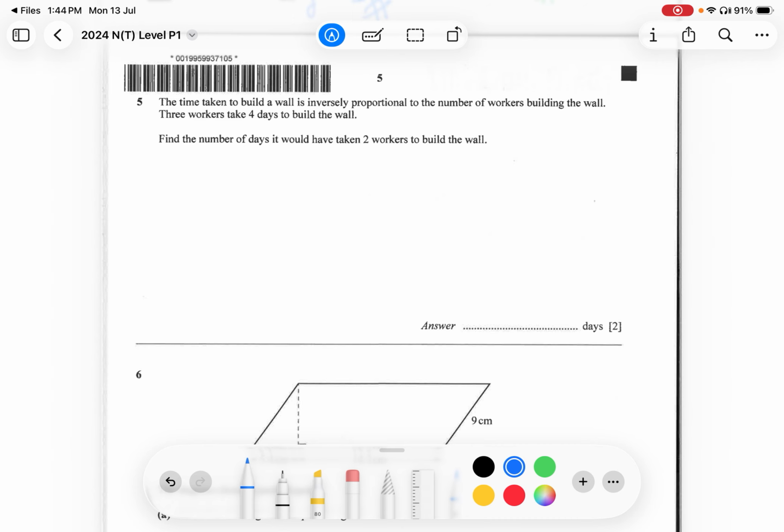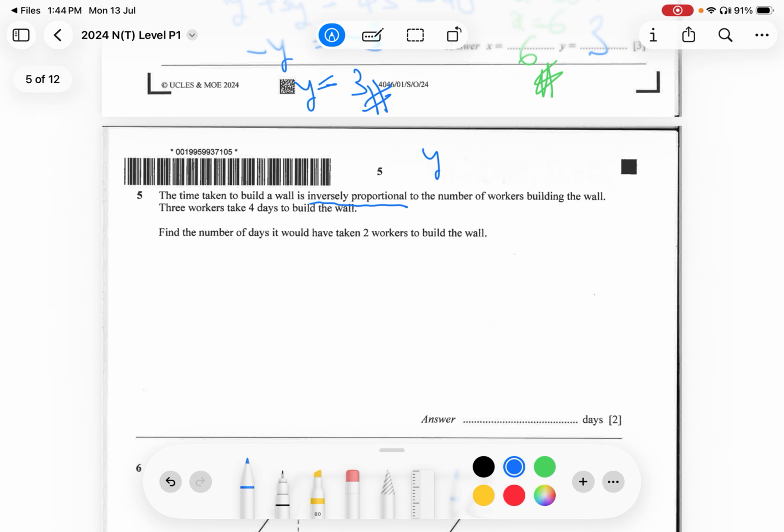So the time taken is inversely proportional. Inversely is y equals to k over x. This is inversely proportional. So 3 workers take 4 days to build a wall. So 3 workers take k over 4 days.